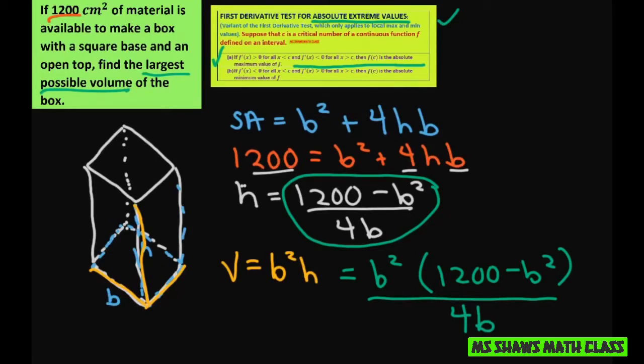So basically, if you simplify this, let's see, you can distribute here and divide. We can divide by B on each of these pieces.